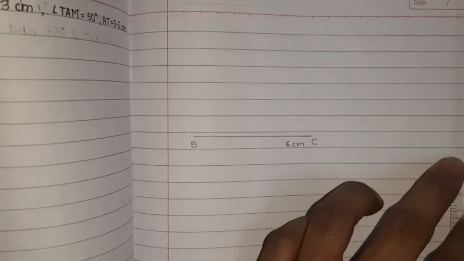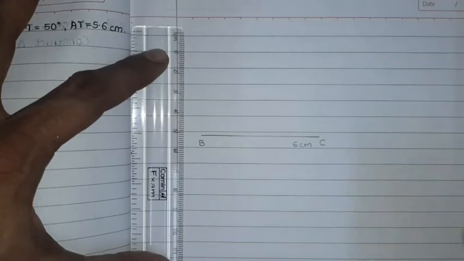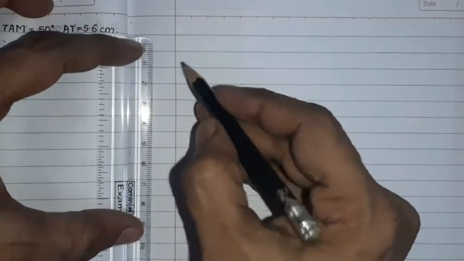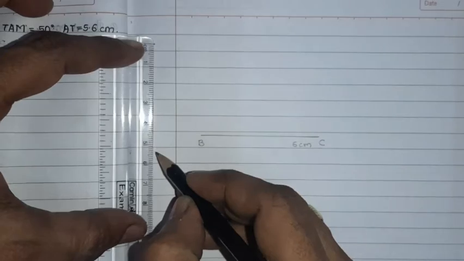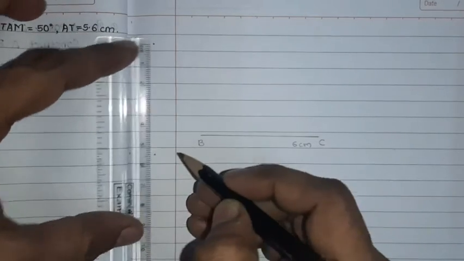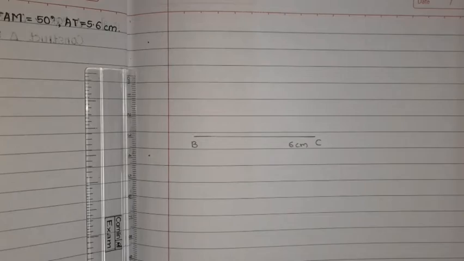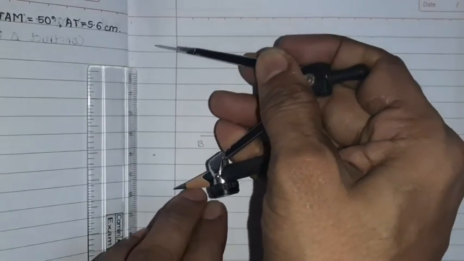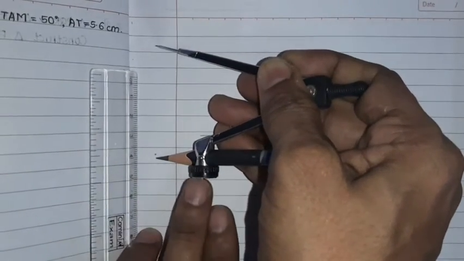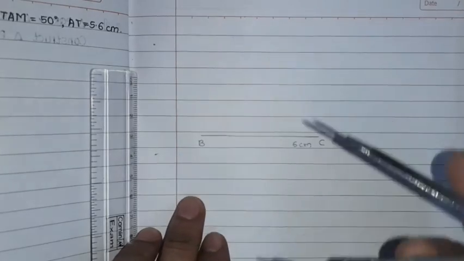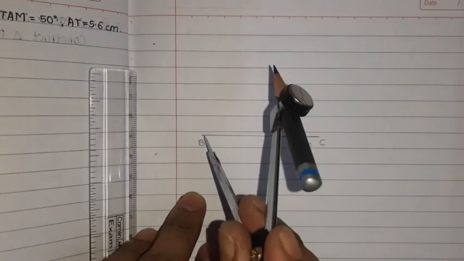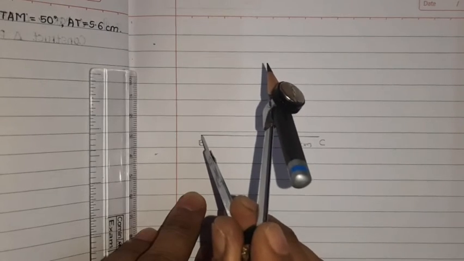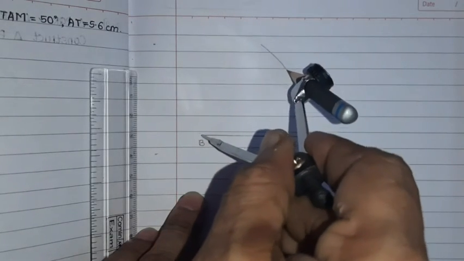On a rough page you can use this, this is 0 and 5.5. Now take this distance in a compass. Put the metal point on one point and adjust the pencil point like this. The distance is 5.5 centimeter from B. Therefore, put the metal point on B and make the arc like this.